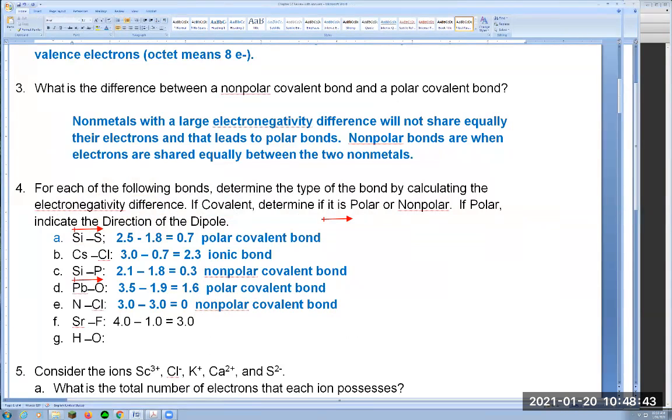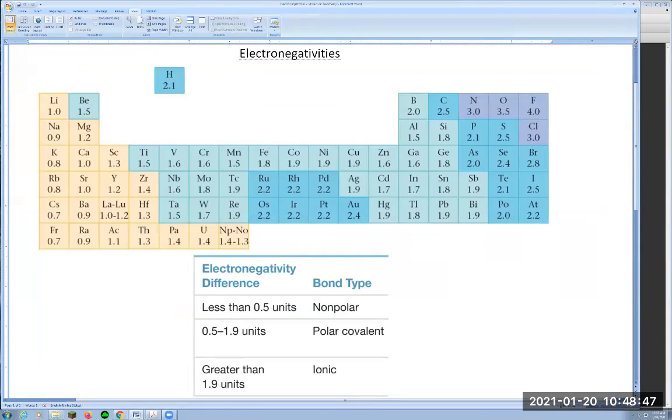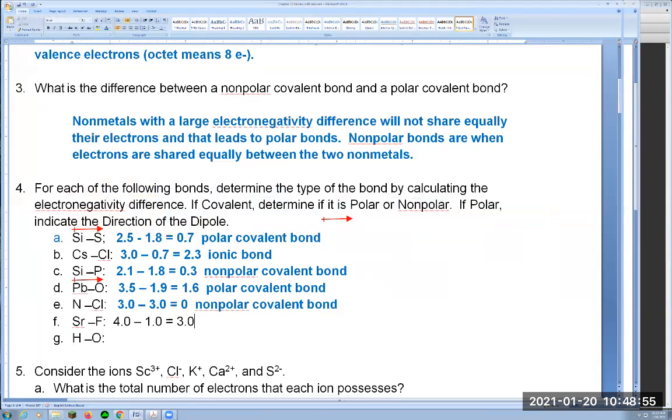The difference of 3.0 is large, and that's greater than 1.9. So that's considered an ionic bond, which makes sense because fluorine is a nonmetal and strontium is a metal. And fluorine is the most electronegative element of the whole periodic table.